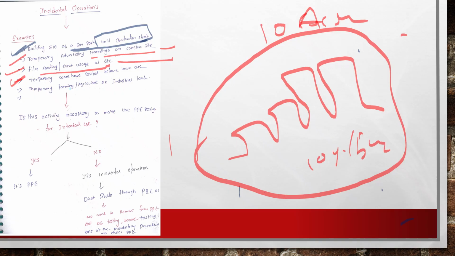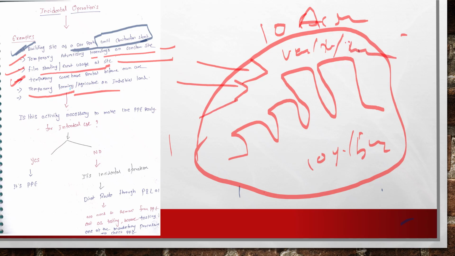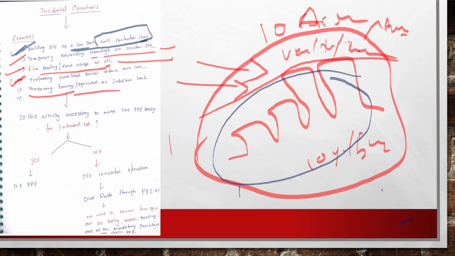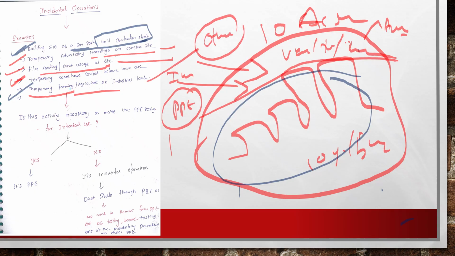So you have given this land for temporary farming or agriculture. Say they produce a few vegetables or fruits or leafy vegetables. These incidental operations help them for their agriculture purpose, but it is not necessary to construct this plant. So this is also an incidental operation. You should not reduce this incidental income from PPE. You should account for this as other income under the P&L account.